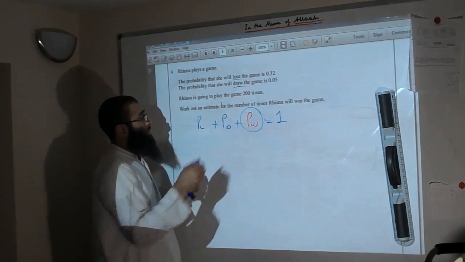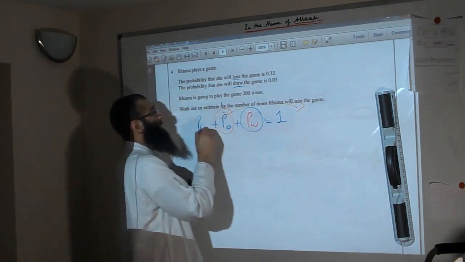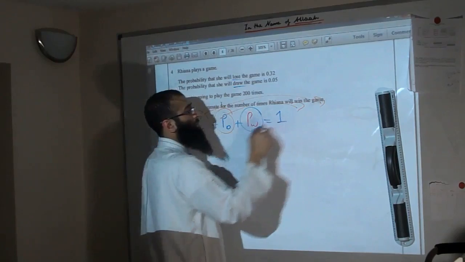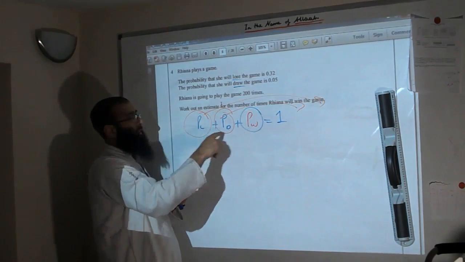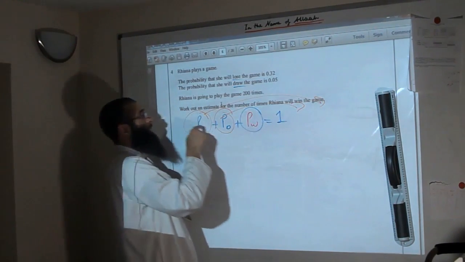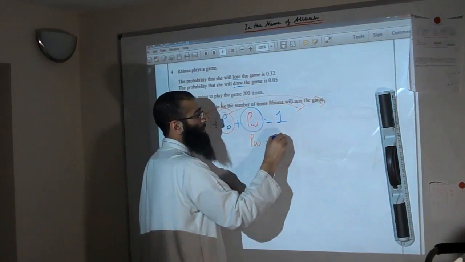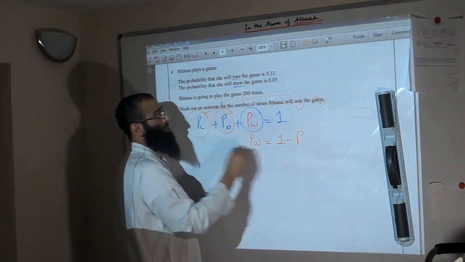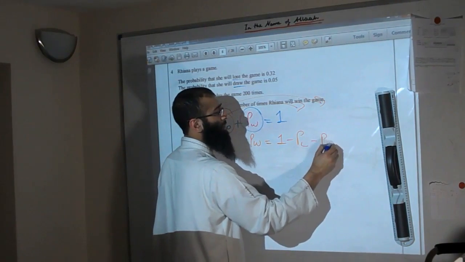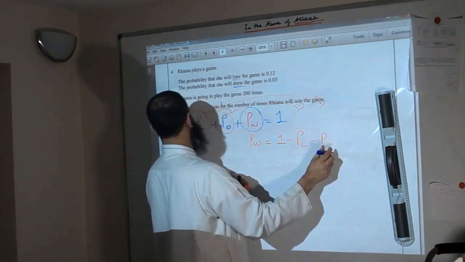We take them over to the other side. We've got to make PW the subject. So the opposite of plus PD is minus PD, the opposite of plus PL is minus PL. So we have PW is equal to 1 minus the probability of losing minus the probability of drawing.